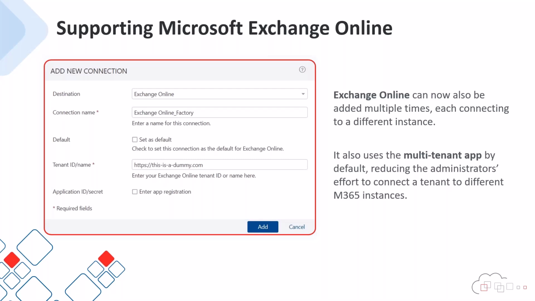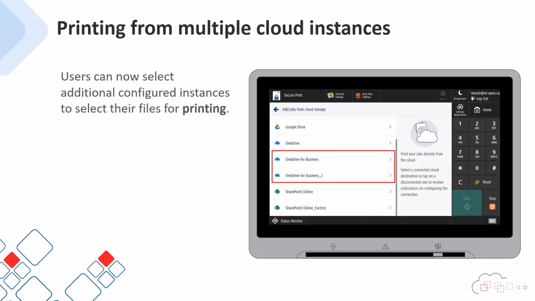So now let's discuss printing from various cloud storage instances too. I like to frame this basically continuing with the multi-instance story. With 2025.2, users can now print from multiple configured cloud storage instances, including services like OneDrive, SharePoint, Google Drive, Dropbox, basically all of the cloud storage services that are currently supported within uniFLOW Online.